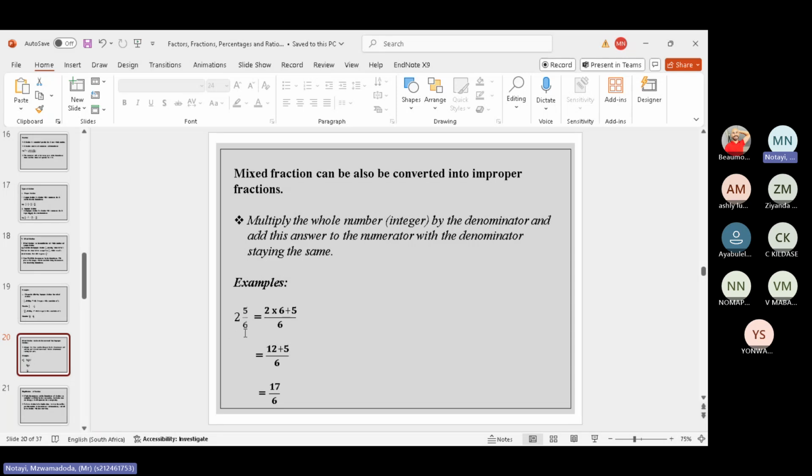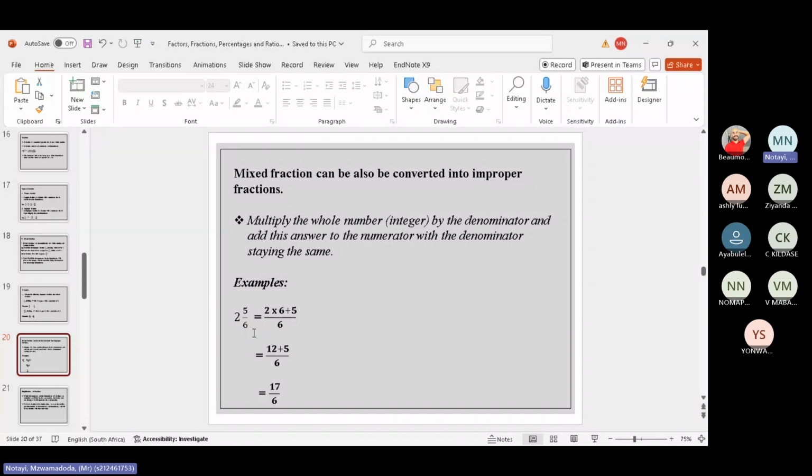We have 2 5/6. So the rule says multiply the whole number by the denominator, that is 2 multiplied by 6, and add this answer to the numerator. So 2 times 6 plus 5, which is our numerator, with the denominator staying the same. So our 6 will stay as the denominator.